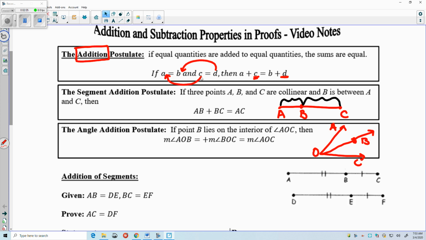Then angle AOB plus angle BOC is equal to angle AOC, including that entire angle. So again, the whole angle is made up of the two smaller parts.